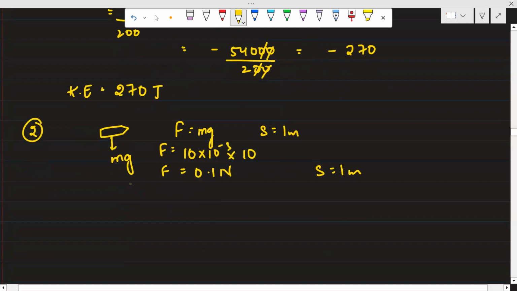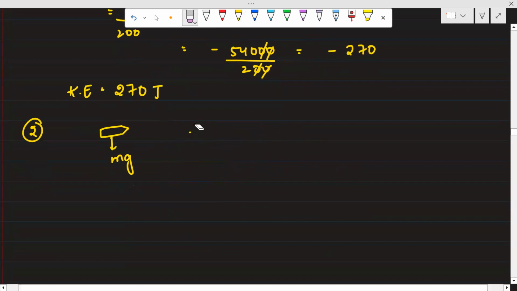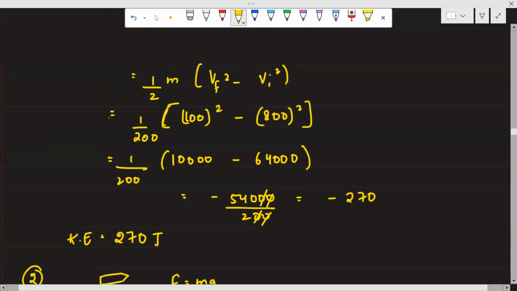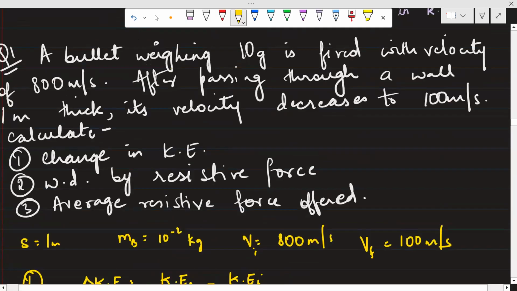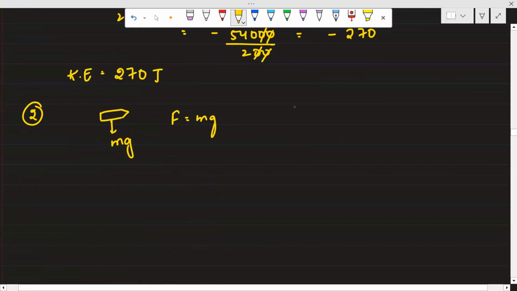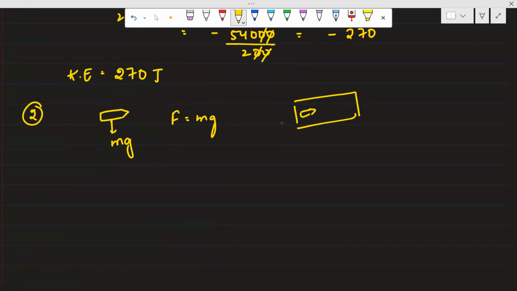Right, so when you calculate the work, in fact, you don't need to even use this. One method is that you can calculate F equal to mg for the gravitational force. But since a bullet has been fired, there are chances that when this bullet strikes, there will be forces exerted on striking.